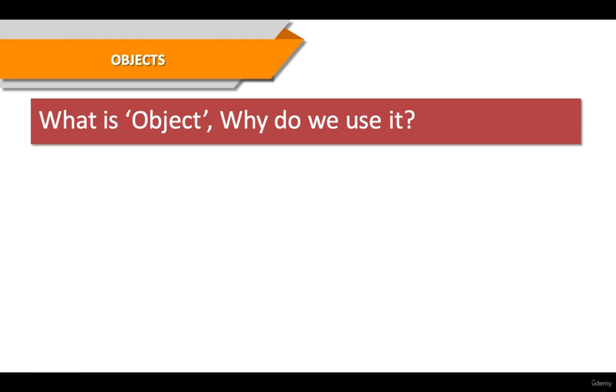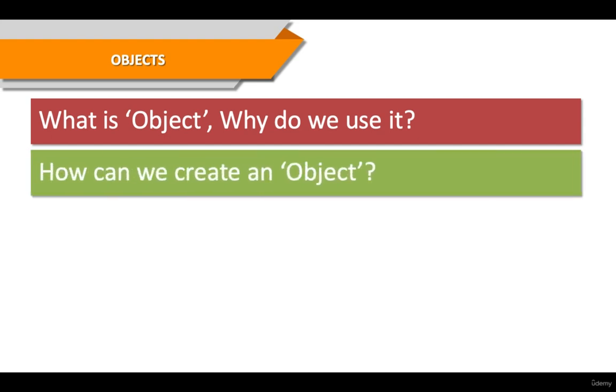So in the last section, we talked a lot about JavaScript arrays and how useful they are and what they do. So now we're going to have a look at another data structure called the object. In this section, first of all, we're going to see what objects are, why we use them, and then we're going to have a look at how to create an object.